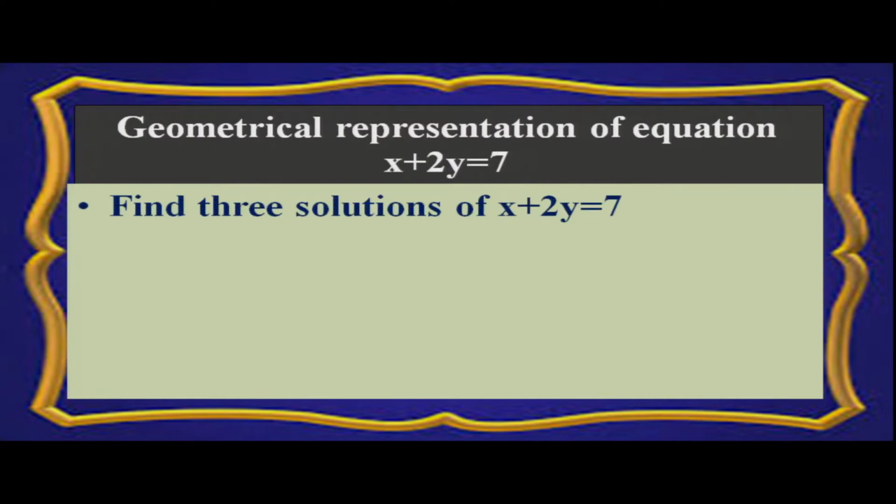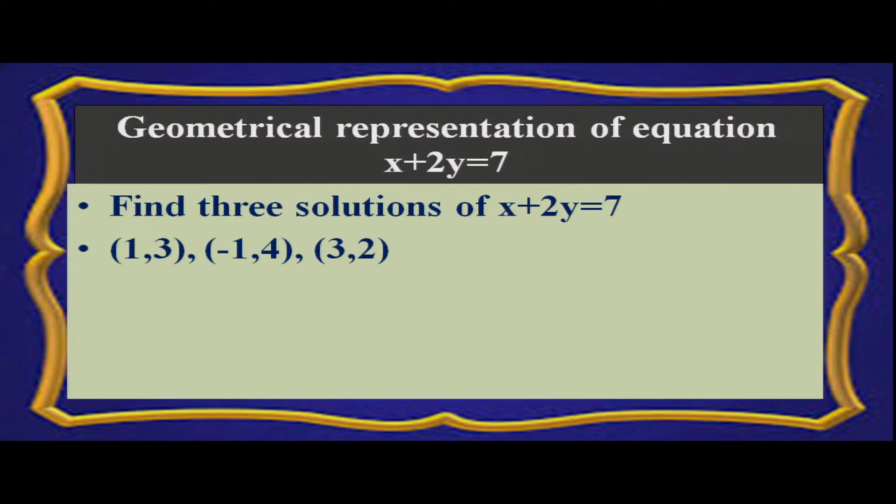We have to find three solutions of x plus 2y is equal to 7. For example, (1, 3): if you put the value of x as 1 and the value of y as 3, we get the value to be 7. So (1, 3) is one of its solutions.